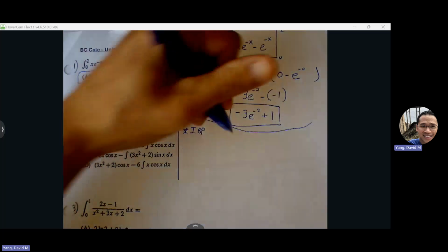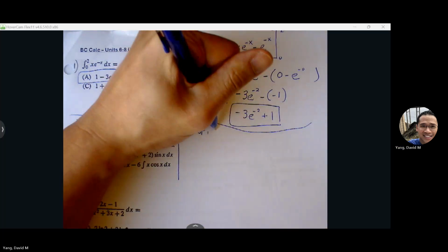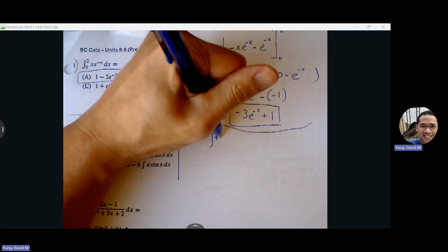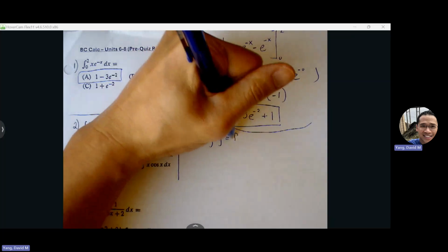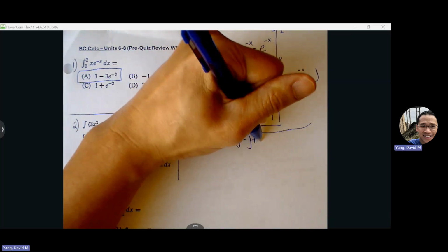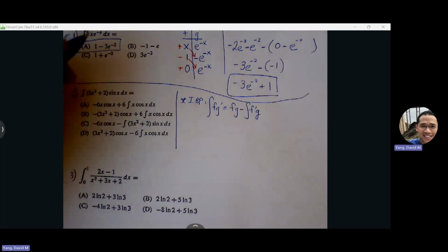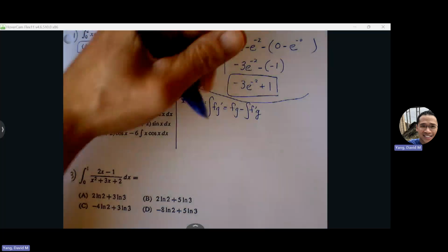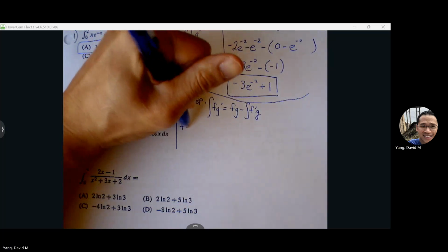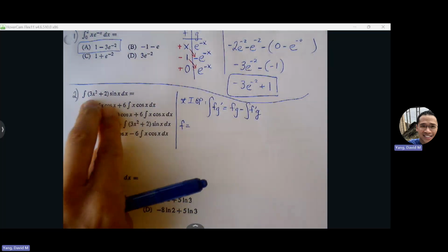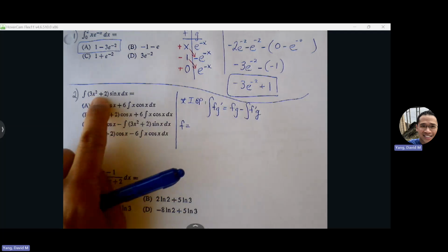So here's a reminder of the formula. Integral of f g prime is equal to f g minus the integral of f prime g. So the first thing is identifying your f and g prime. You're choosing between 3x squared plus 2 and sine of x. Again, there's no logs involved, so our f can always be the algebraic.